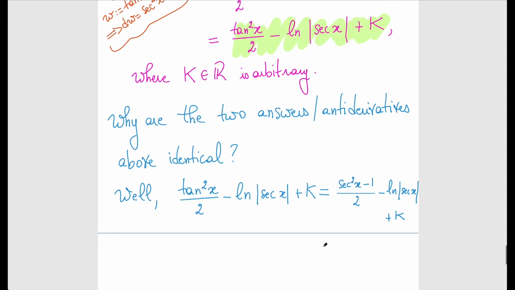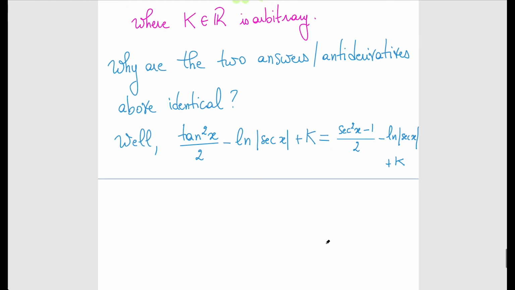Correct? And that means this is equal to secant squared x over 2 minus 1/2, I'm splitting this quotient, minus ln of absolute value of secant x plus k, right?